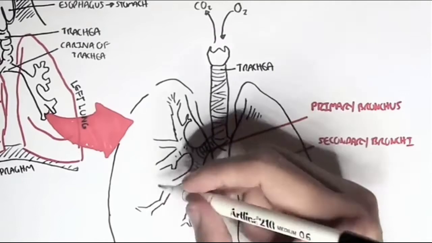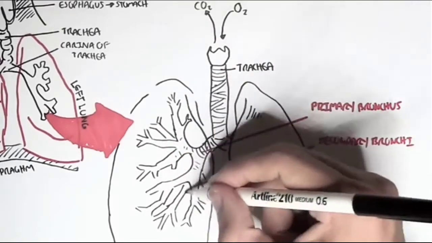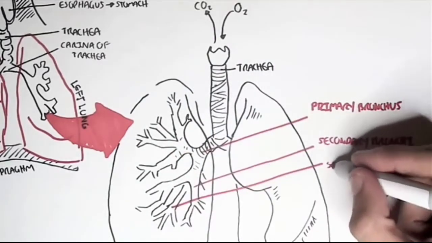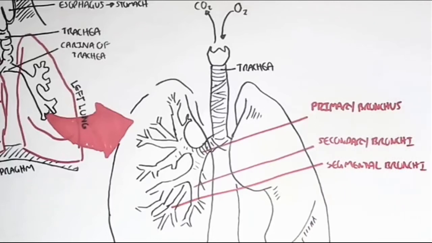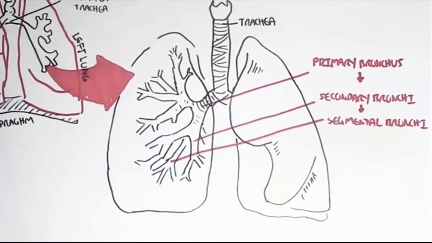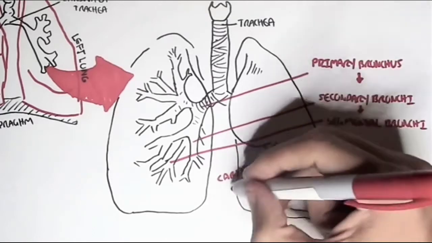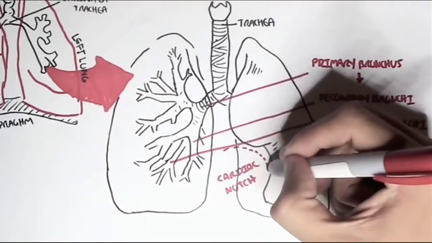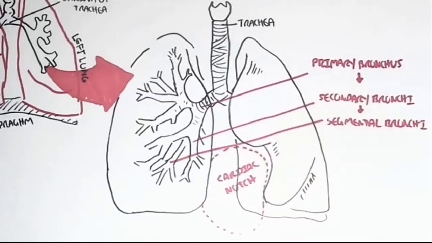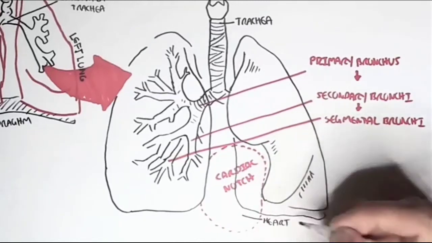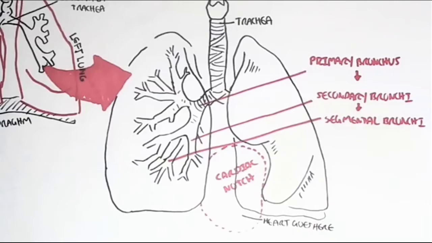Then the secondary bronchi divide into the segmental bronchi. This is our segmental bronchi. And this space between these two lungs is called the cardiac notch, in which the heart is located.